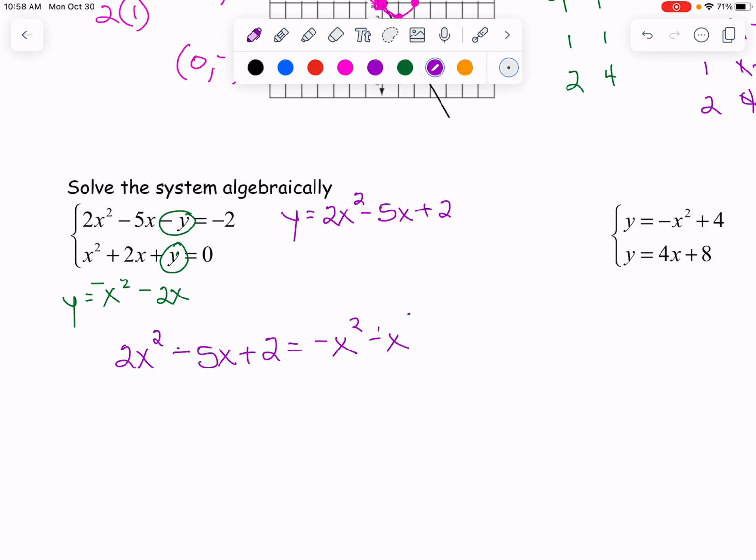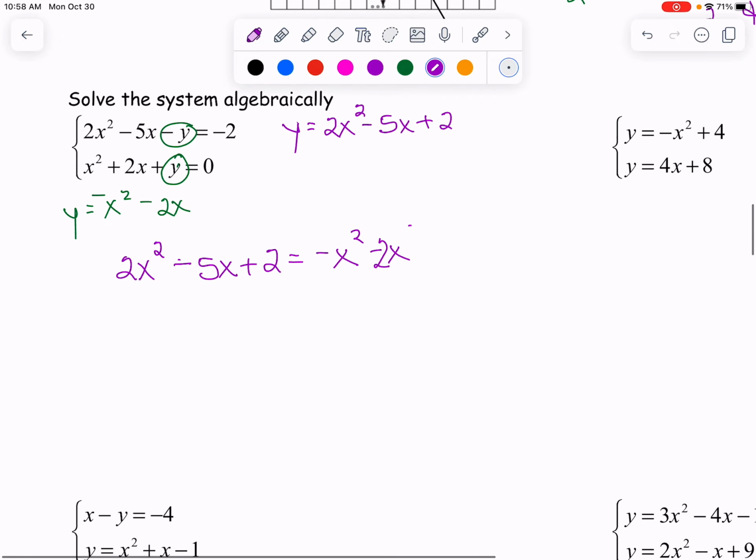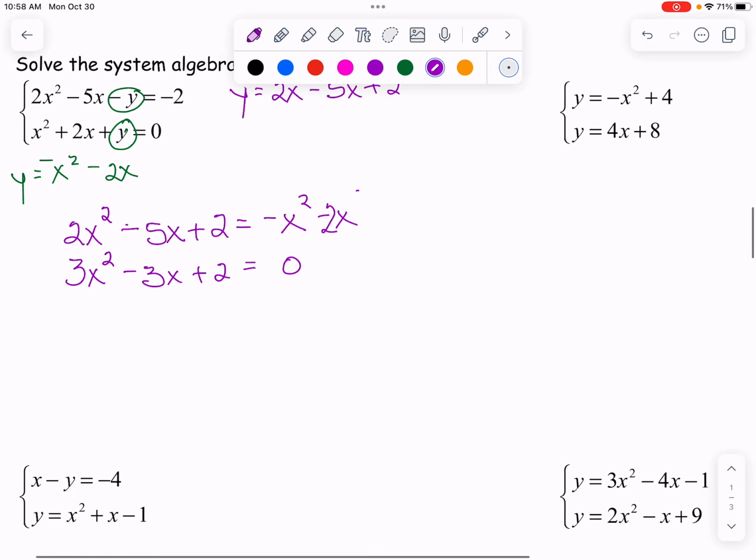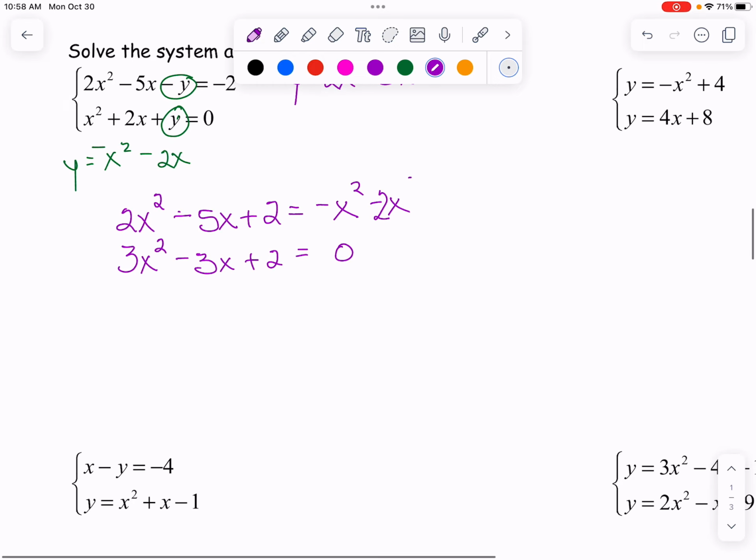So this is going to be a quadratic, so I need to bring everything to one side. 3x squared minus 3x plus 2, and I'm going to factor. Let's see if this is going to have a solution.